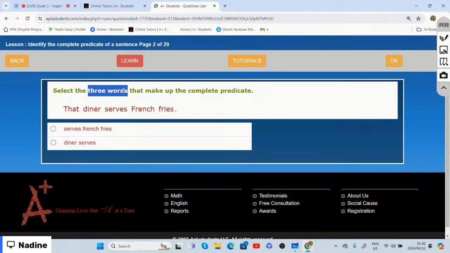It says the diner serves French fries. So we can say the diner serves French fries.